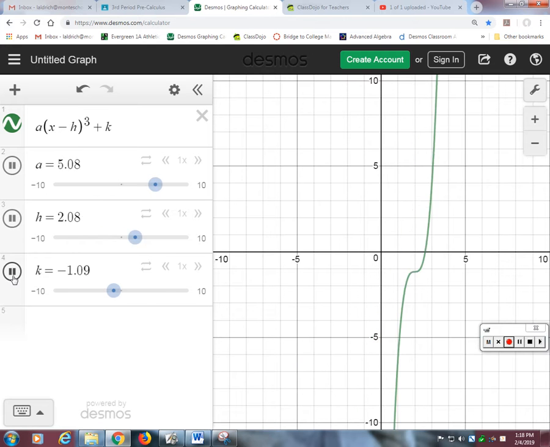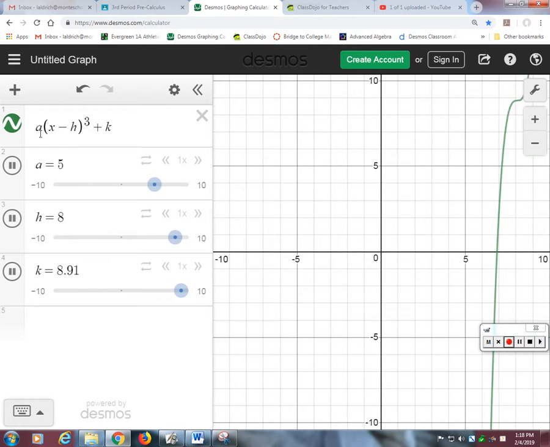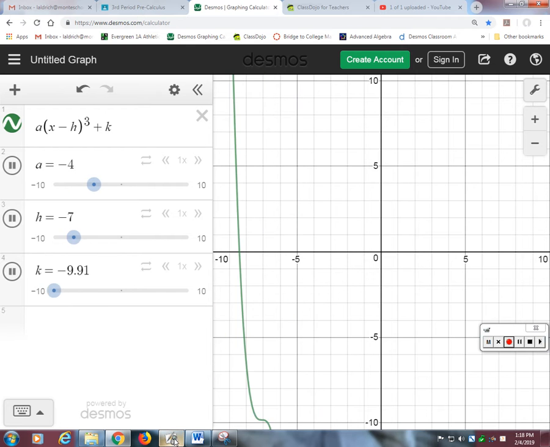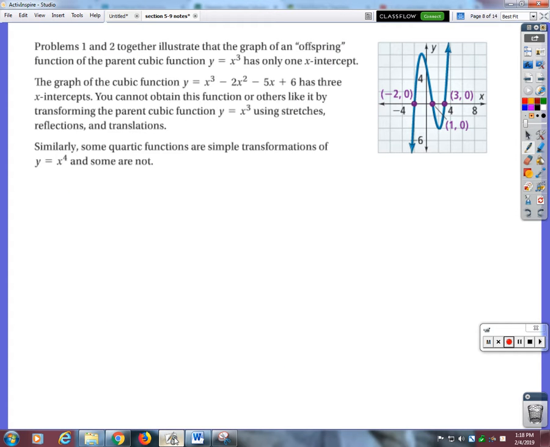No matter what those numbers are, there's only going to be one real solution. The way that you get more than one, if you want real solutions, is you have to put in an x squared and an x in there, and then that will change the graph.